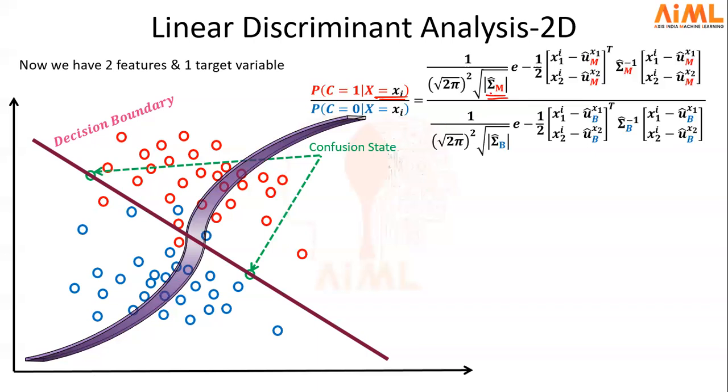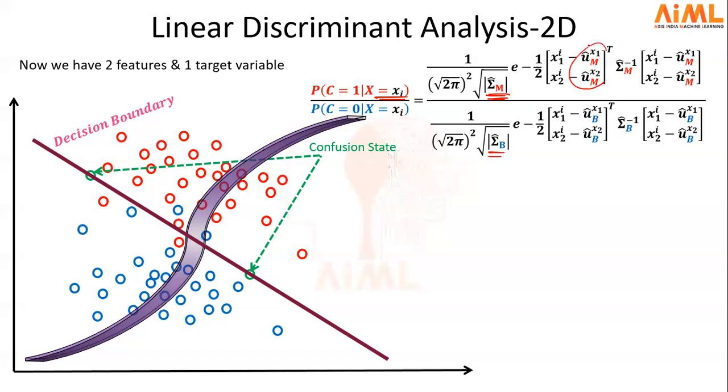So this is what we have, the covariance matrix for all the data points belonging to the malignant category out of our training data. Similarly, here we have the covariance matrix for all the data points belonging to the benign category out of our training data.